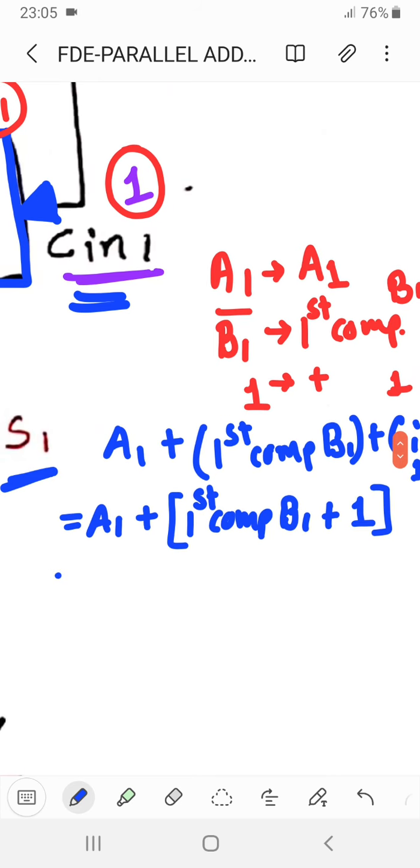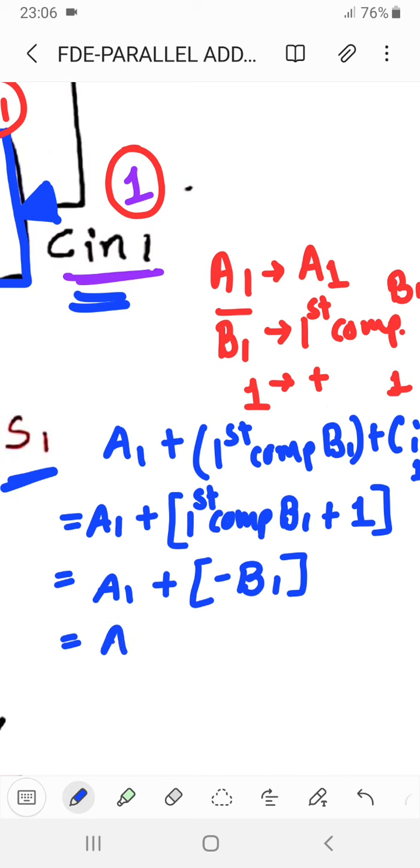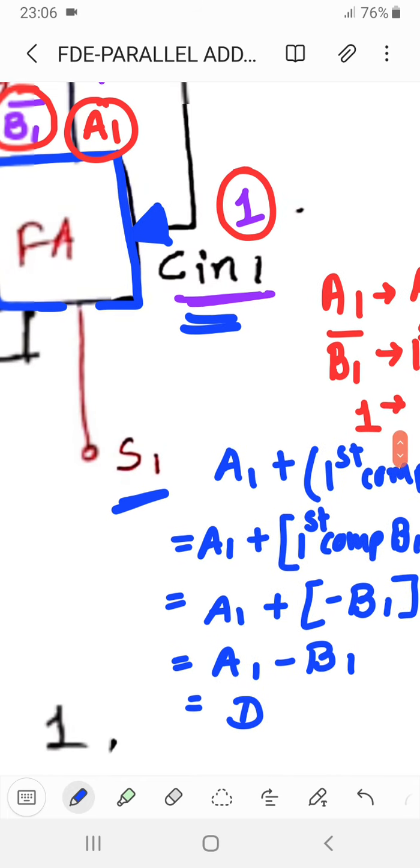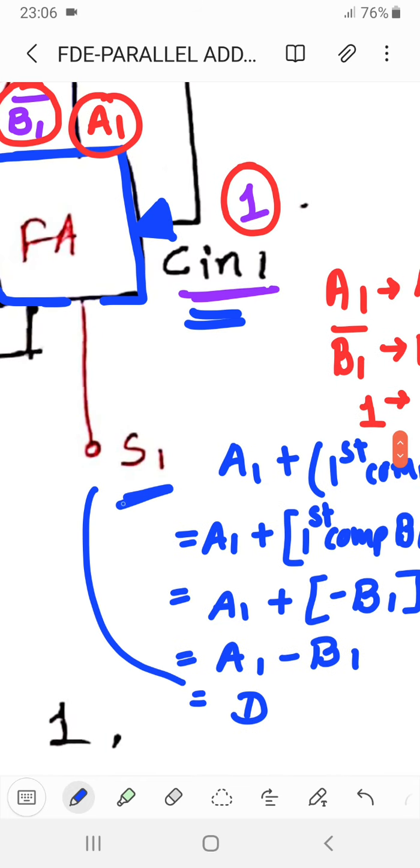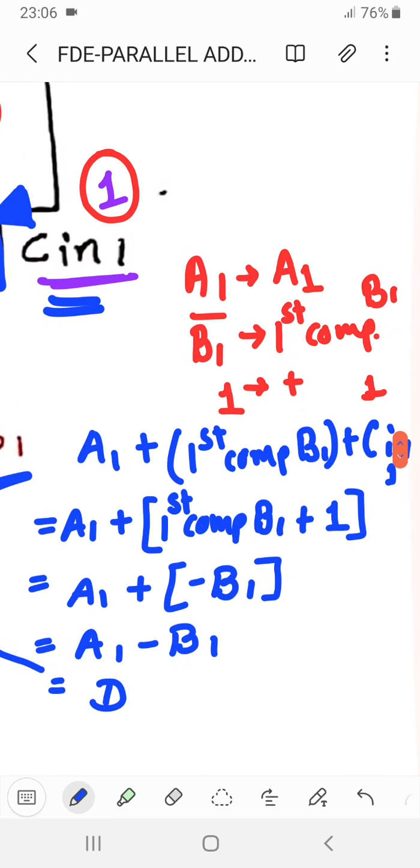So this is nothing but A1 plus minus B1, and it gives us the subtraction of A1 minus B1, and that's why it gives us the difference at this place of S1.